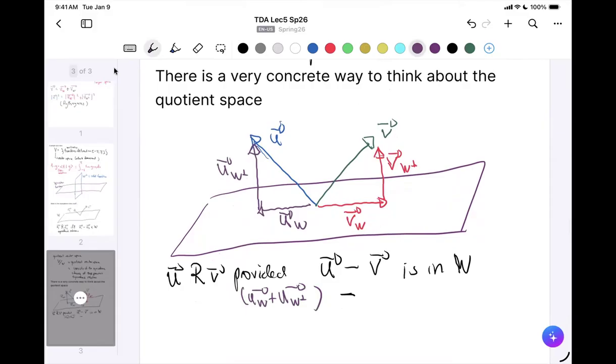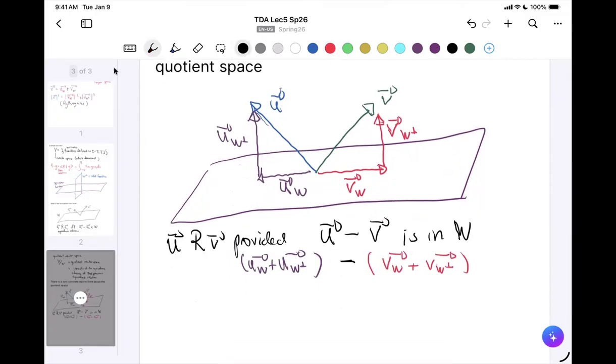And V is VW plus VW perp. Okay. So this difference is really UW minus VW plus UW perp minus VW perp.